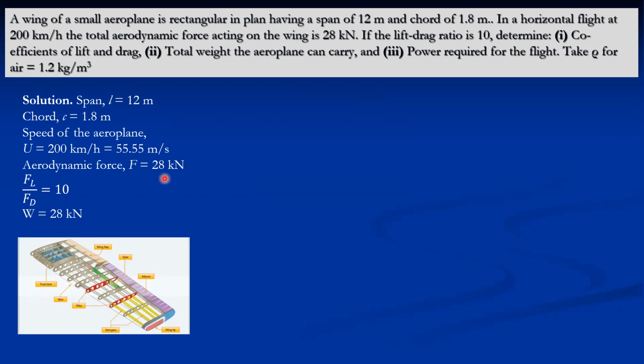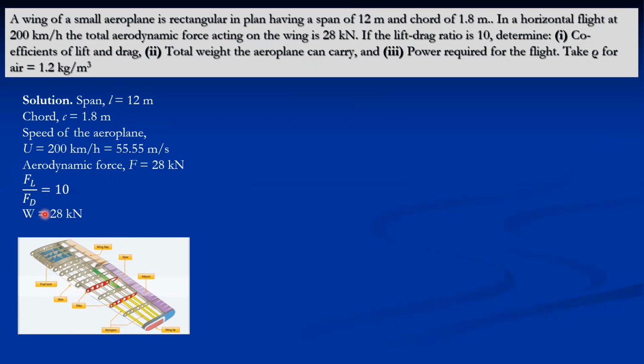If the lift to drag ratio is 10, determine the coefficients of lift and drag, that is CL and CD. Also find the total weight of the aeroplane that it can carry, so we have to calculate FL, because FL is equivalent to the total weight. And the power required for the flight is FD into velocity. Once we know the FL and FD values, we can calculate the remaining parameters.